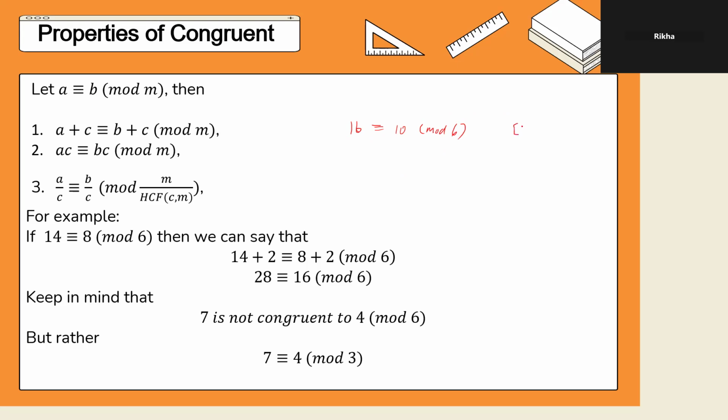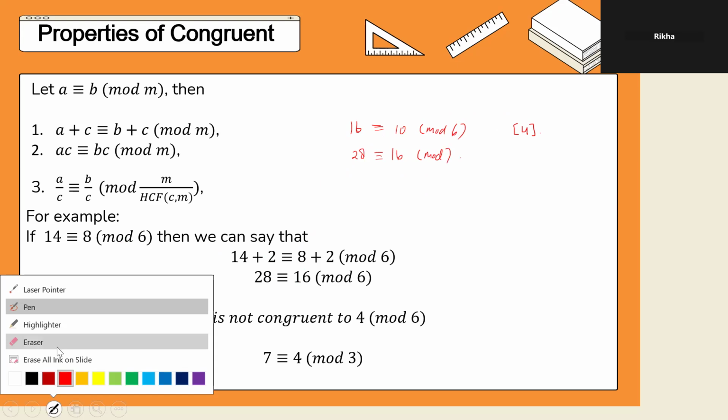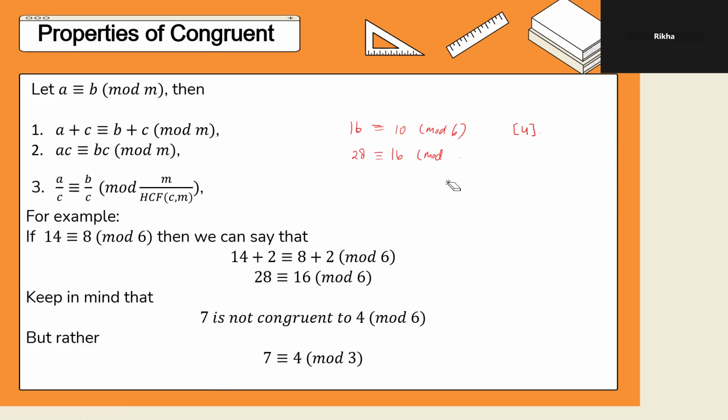And then if we multiply them by 2, we got 28 congruent with 16. And this is true, because 28 and 16 belong to the same residue class, which is what?